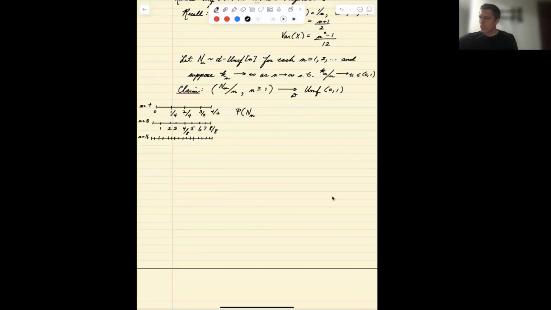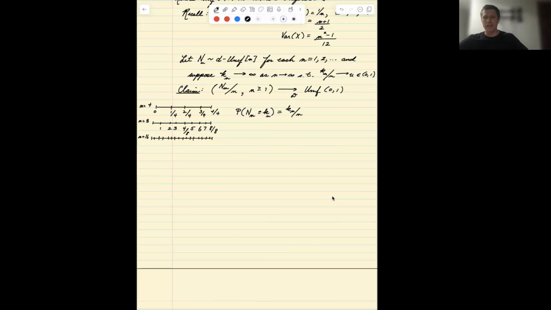So what's the probability that the discrete uniform is less than or equal to K sub n? Well, K sub n is an integer in the set 1 up through n. And the probability that a discrete uniform is less than or equal to some integer is just that integer divided by how many there are.